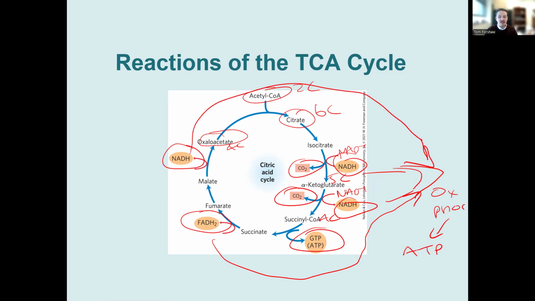But as you go through these steps of this 4-carbon, 4-carbon, 4-carbon, eventually you end up back at where you started, your 4-carbon oxaloacetate, which can then react with another 2-carbon acetyl-CoA to regenerate your 6-carbon citrate. And you can go around again and again, an infinite number of times, as long as you don't lose your oxaloacetate and you keep supplying acetyl-CoA.